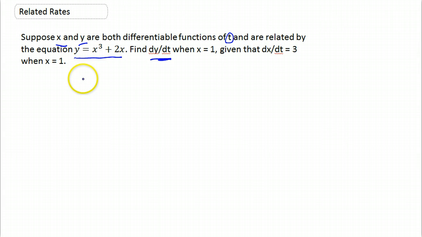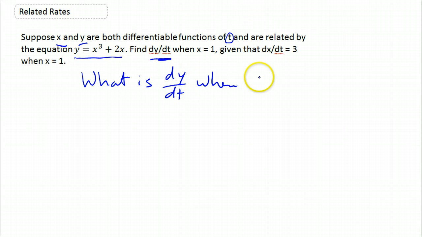Now every one of these questions is going to ask you something like this: what is the rate of change of one variable, in this case dy/dt, when something is happening? In this case, we know x is 1. So we're going to take the derivative of this equation with respect to t.